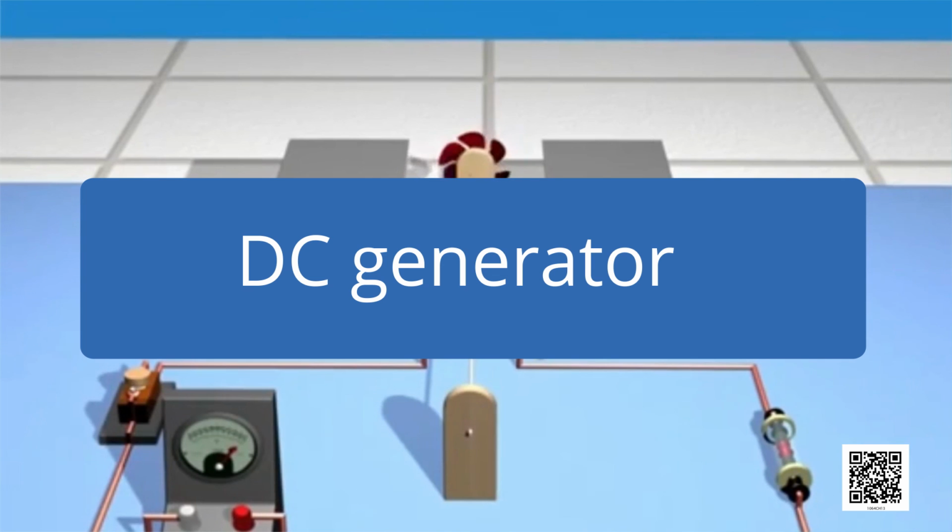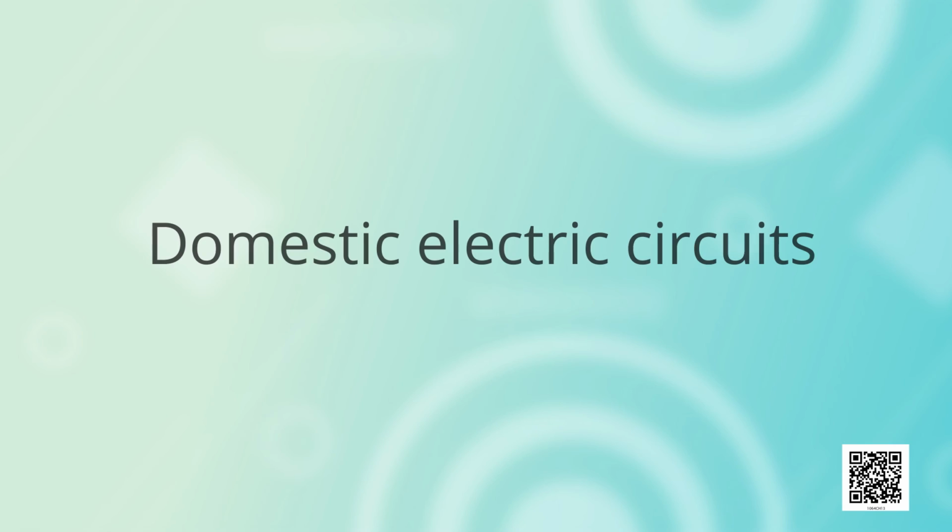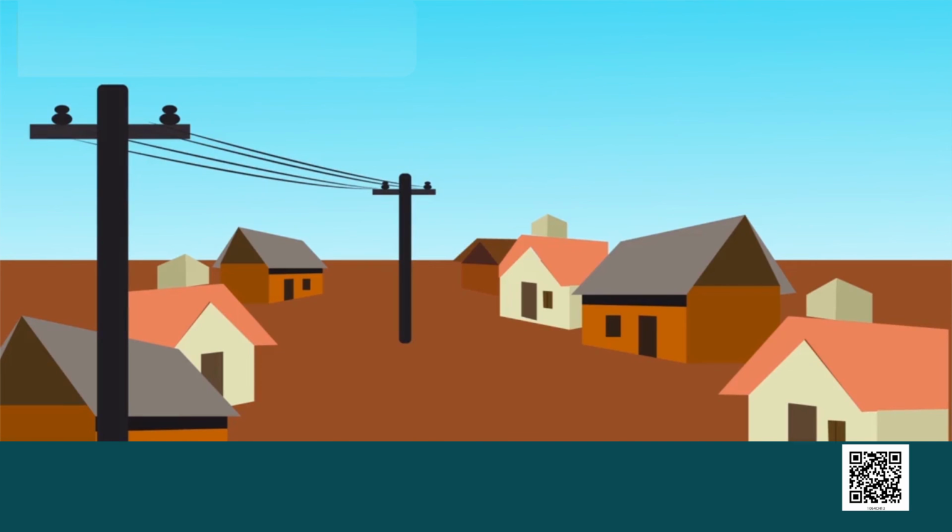Children, lastly, let us discuss domestic electric circuits. In our homes, we receive a supply of electric power through a main supply, either supported by overhead electric poles or by underground cables.